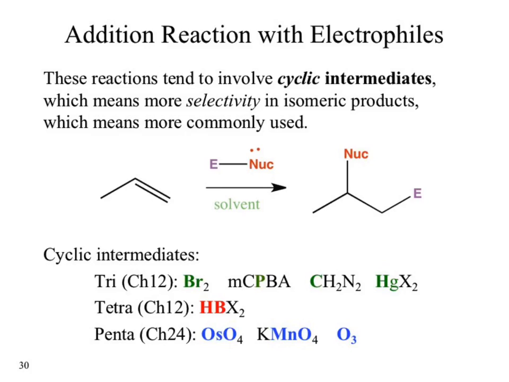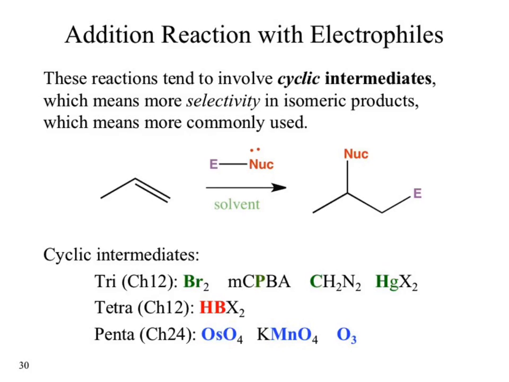Almost all of these involve some form of cyclic nature, either cyclic intermediate structures or cyclic transition states. So we need to be familiar with what that's going to force on our structure. This means we get a lot more selectivity in our products, which also means they're more commonly used. Because I know exactly how it's going to react, I don't have an intermediate carbocation flopping around.